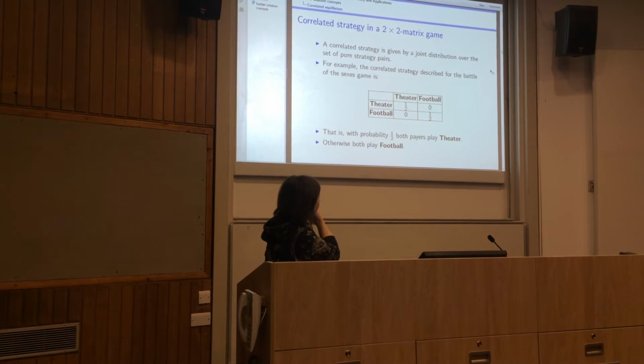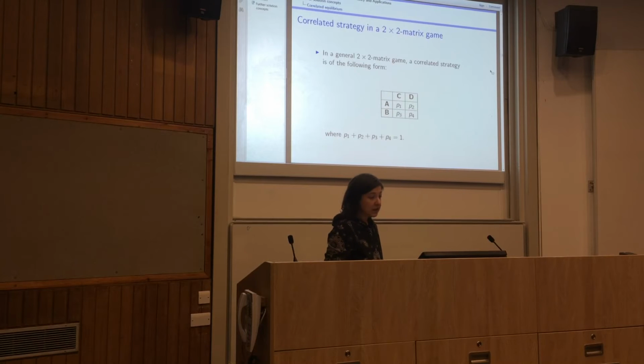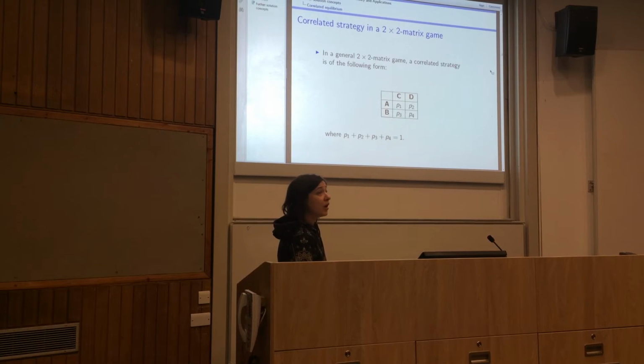And in the Battle of Sexes, we can give it as half-half for the 2 Nash equilibrium points and zeros for the other ones. So I can write this down for a 2-player 2-strategy game as given by the probabilities P1, P2, P3, and P4 for the 4 strategy profiles that we have, so that the sum of the probabilities is 1.